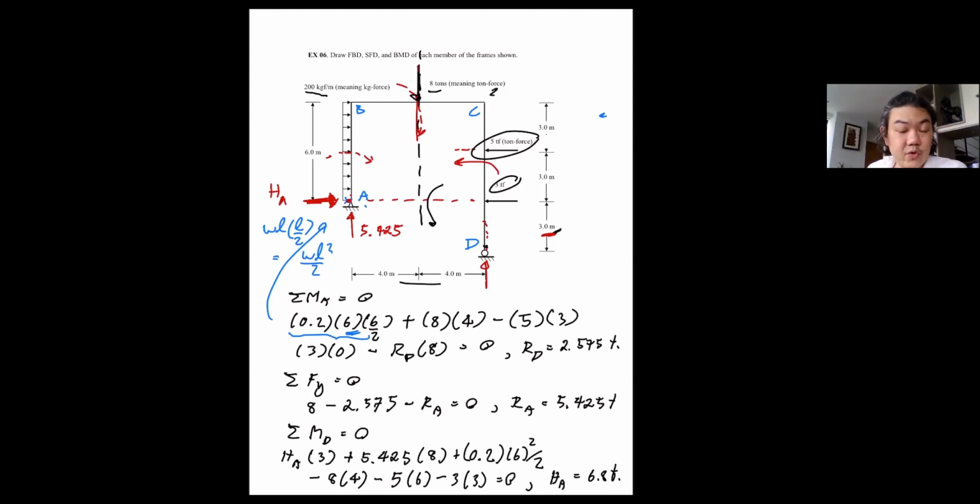Don't forget to check your sigma Fx as well. There are so many ways to solve the reactions, but before you proceed to do more serious work, just make sure that your reactions are correct. Remember that wrong reactions will give you absolutely wrong answers from this point onward.